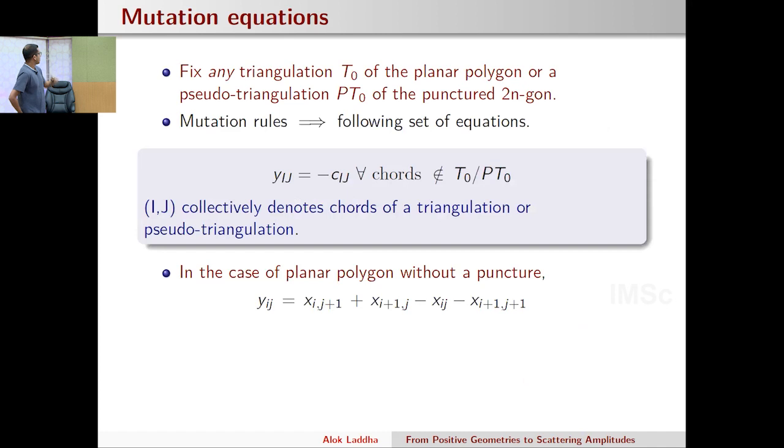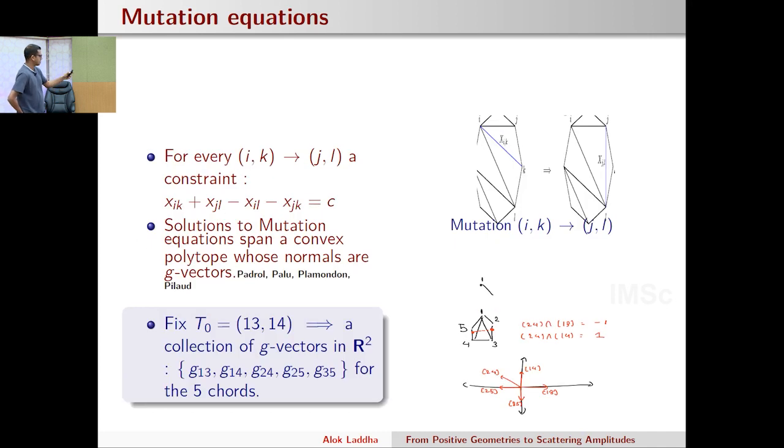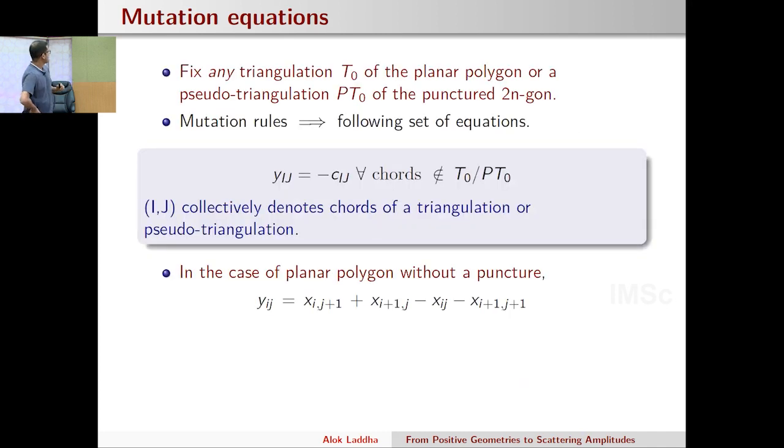So now let's systematize this more concretely, and the entire structure is completely universal. You fix any triangulation, say T naught, or a pseudo triangulation that is called PT naught, and then these mutation rules give you the following set of equations: you consider all the chords which are neither in T naught nor in PT naught, and put all the variables you get from such chords, where Yij is defined like this in the last equation.